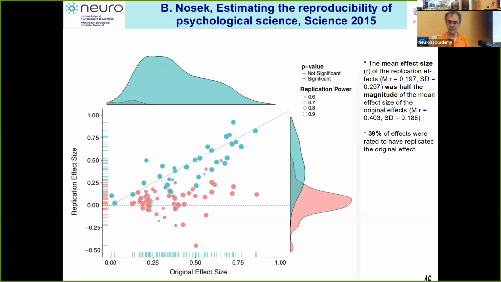What you see is that all those points that are under the diagonal have an effect that is less than the original effect reported. The original effect is on the x-axis, the replication effect on the y-axis. So the original effects of all those 100 experiments were probably overestimated by a factor of 50% or something of that kind.